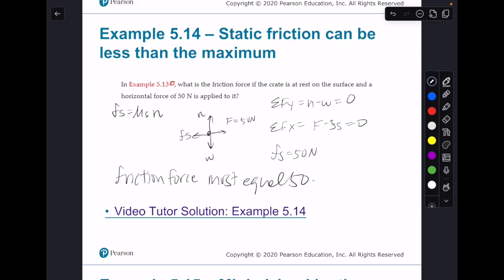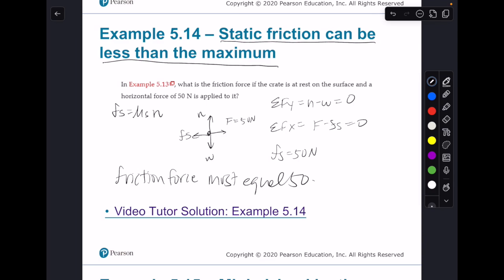We also did this example really quickly towards the end of class, and I want to take a minute to talk about it here. So in this example, we're illustrating that the static frictional force can take any value up into and equal to its maximum value.